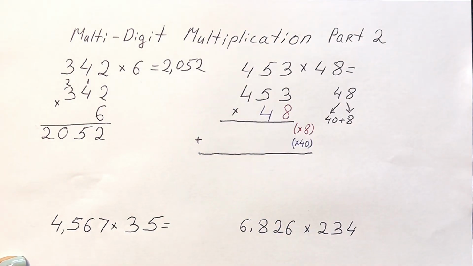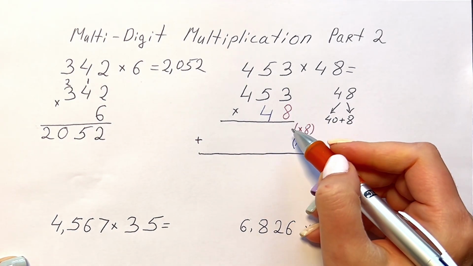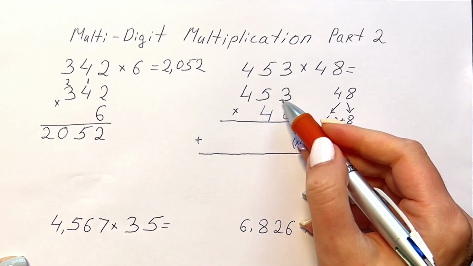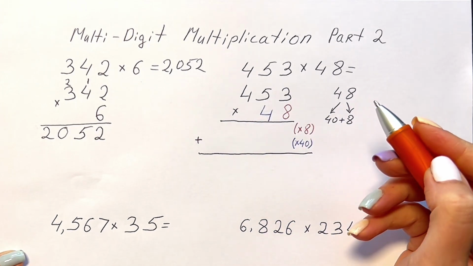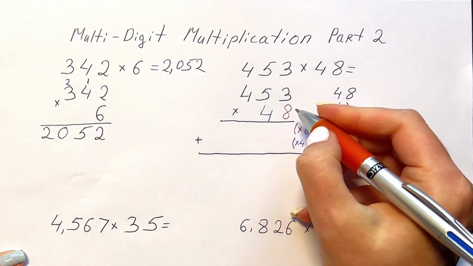And in a third step, we will just combine the answers together. Okay, let's do the first step. Forget about 4. We will just multiply 8 by 3, by 5, by 4. You already know how to do that. So 8 times 3 is 24.